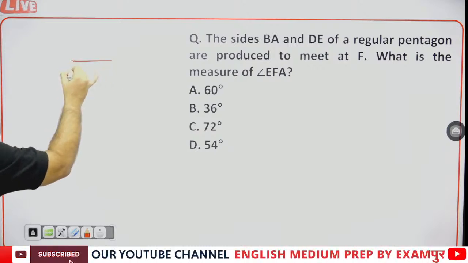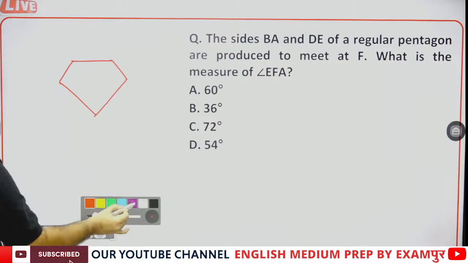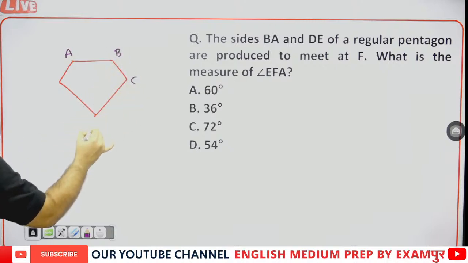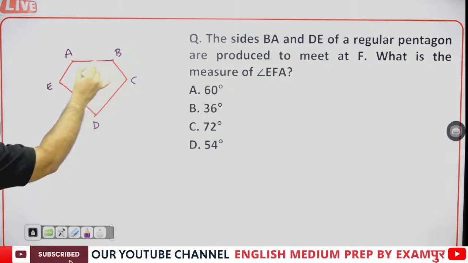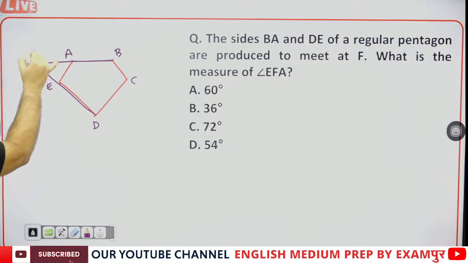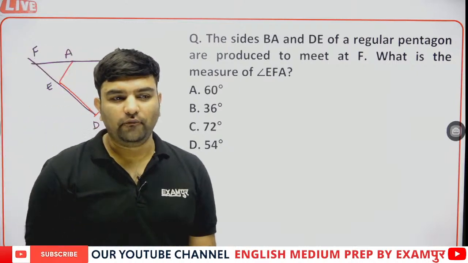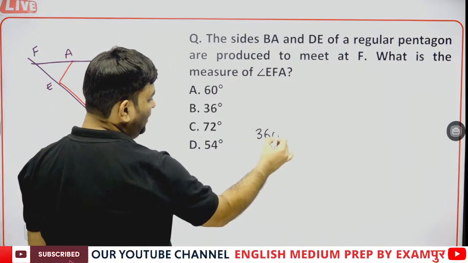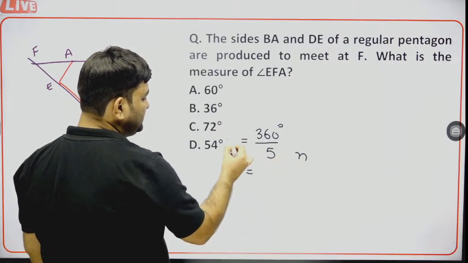Regular pentagon ABCDE, looking like a diamond. BA and DE are extended to meet at point F. The exterior angle of a regular pentagon: the number of sides is 5, so the exterior angle is 72 degrees.